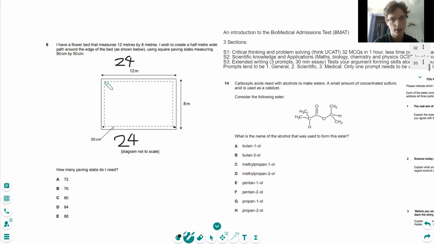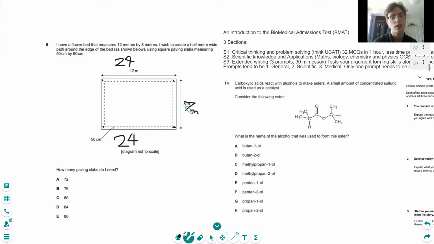Same here, 24 paving slabs reaches from edge to edge. And what it actually ends up doing is making our vertical line slightly shorter than it was before. My 8-metre wide rectangle is now 7 metres wide because it's had 50 centimetres taken off at either end by these paving slabs. So this length here is now 7 metres.